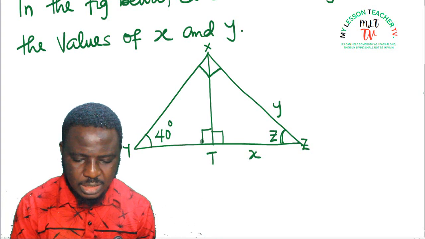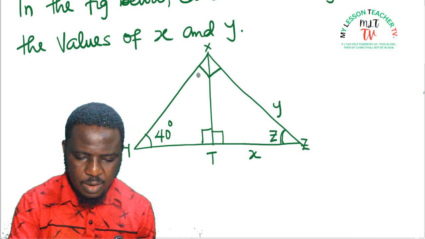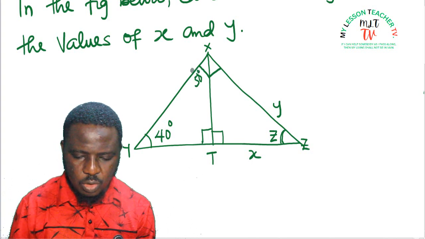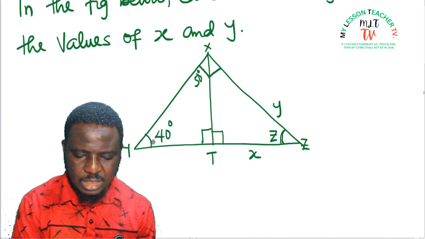If this is angle 90 degrees, then it means that this angle here is 50 degrees, because if this is 90, this is 40, this is going to be 50.